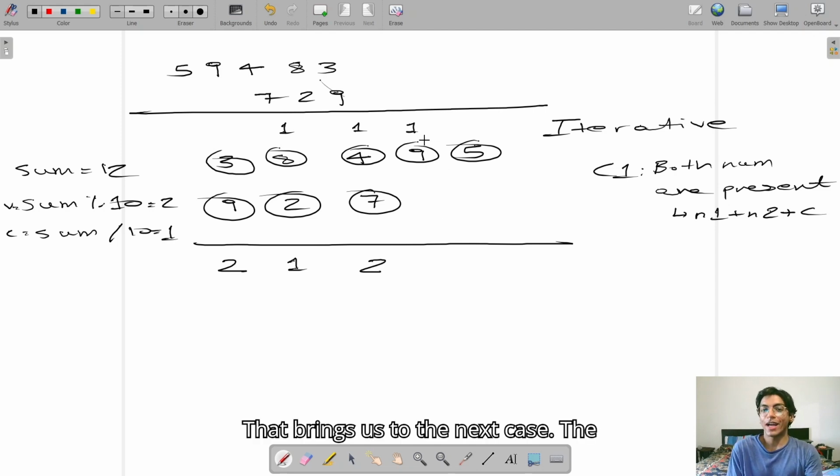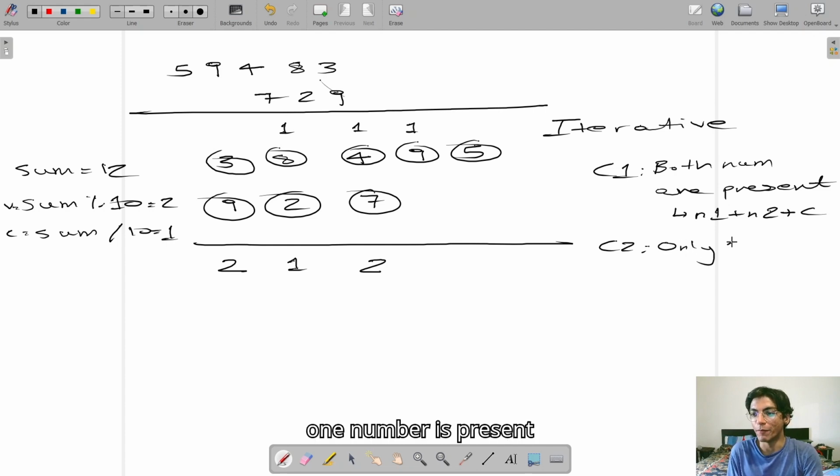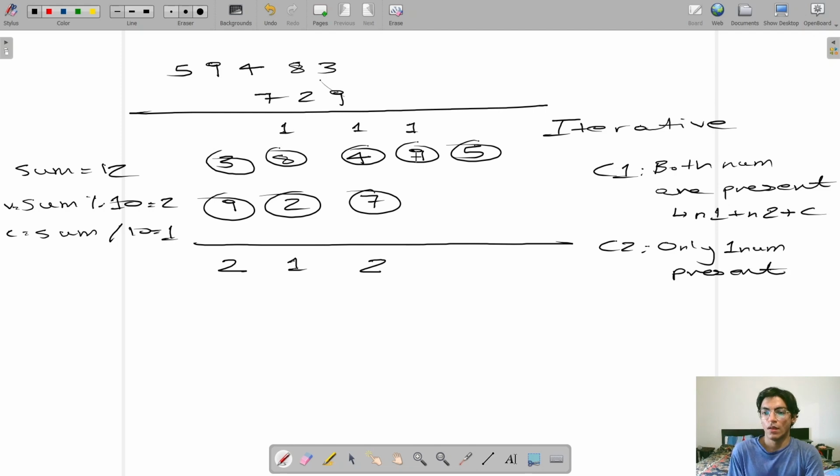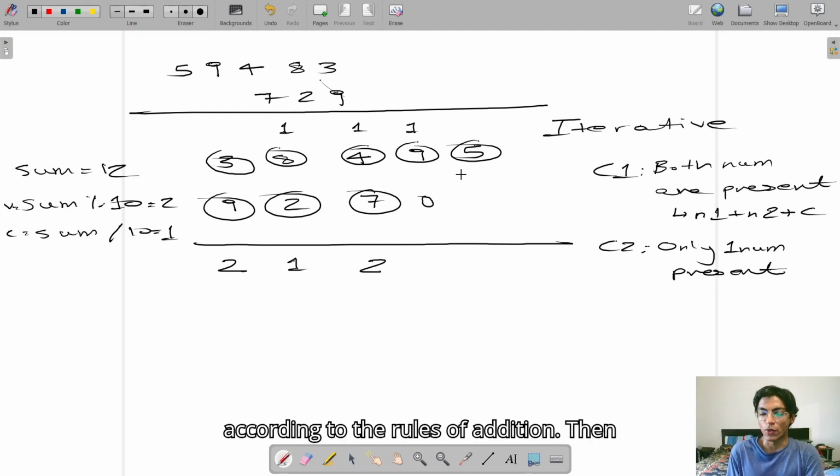Okay. That brings us to the next case. The next case is when only one number is present, which is 9. The other number is not present, in which case we'll just assume this to be 0 as we specified earlier according to the rules of addition.